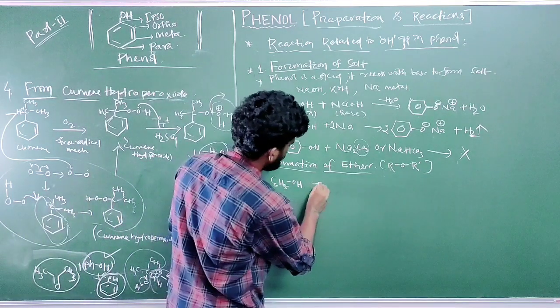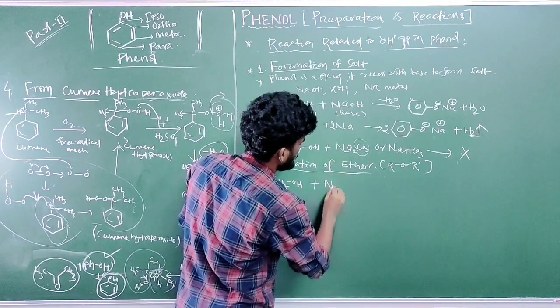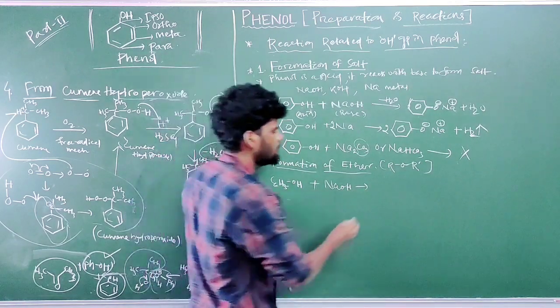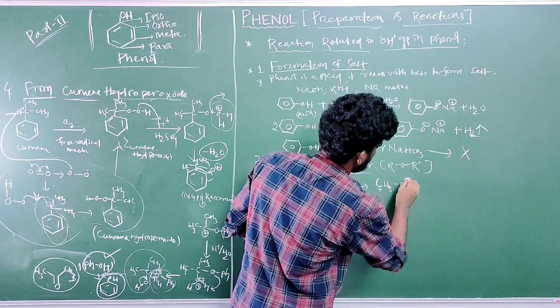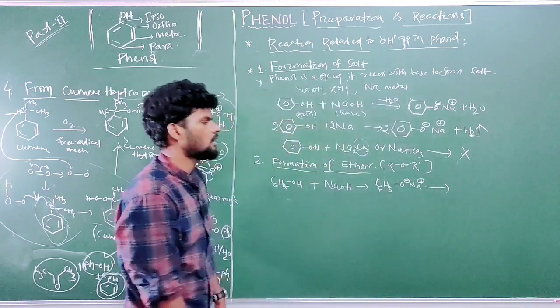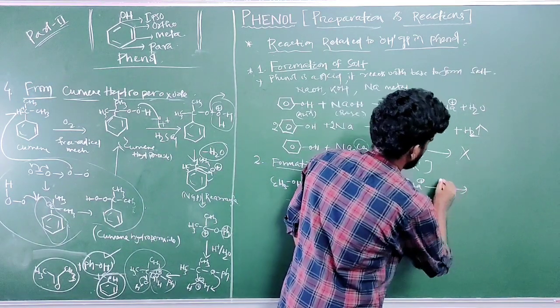To this phenol, use sodium hydroxide in the first step. It will form sodium phenoxide, C6H5O minus Na plus.